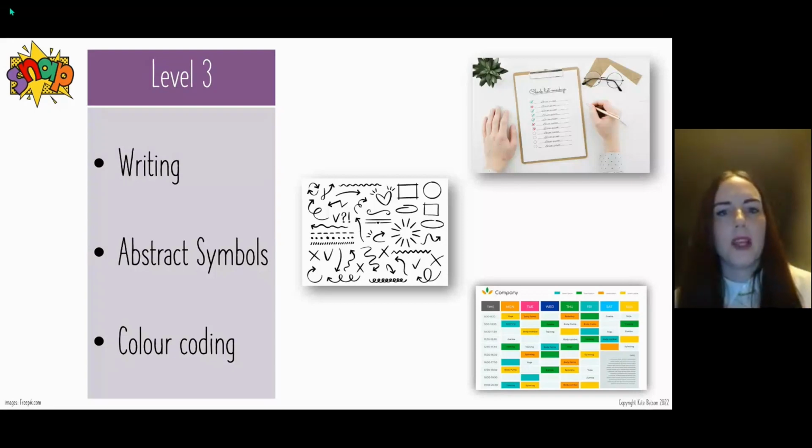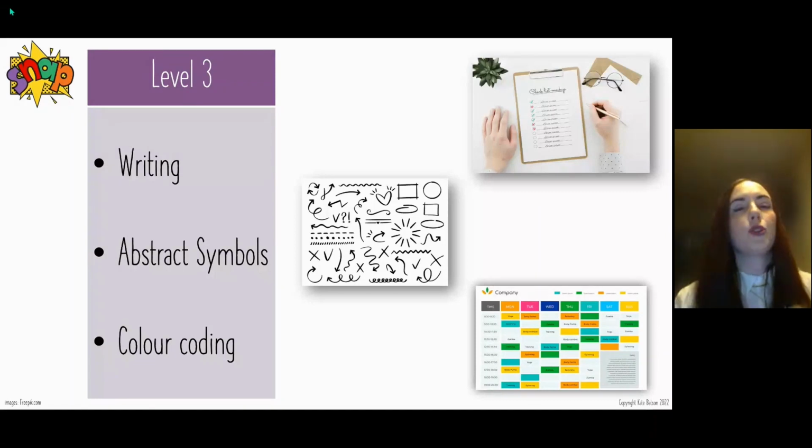So we'll start at level 3 because this is probably what we're familiar with as adults. Obviously, using text, using writing, is still a type of visual because we're externalizing those executive functions, those things we've got to remember, know what's coming up. When we use writing, we need the skills associated with reading. We've got to be able to decode what that word says and apply meaning to it.